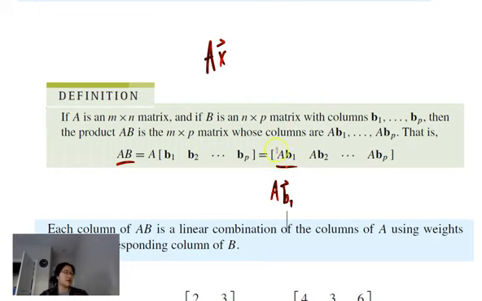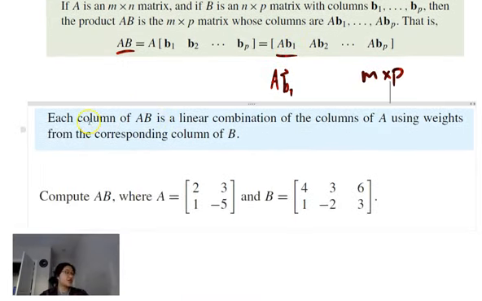We're going to have matrix A times this n by 1 vector, and so we're going to end up with an m by p matrix at the end of it.